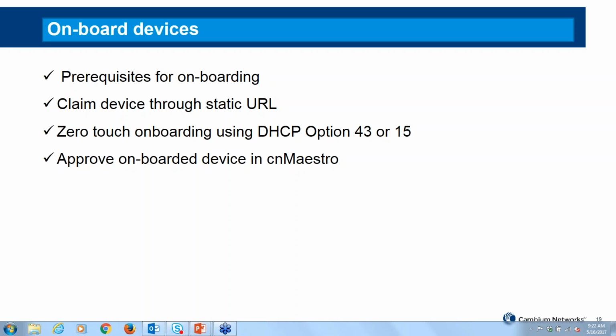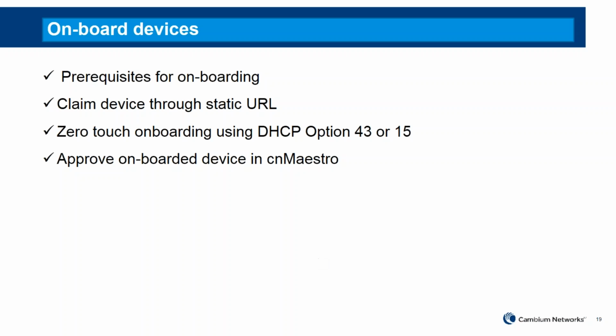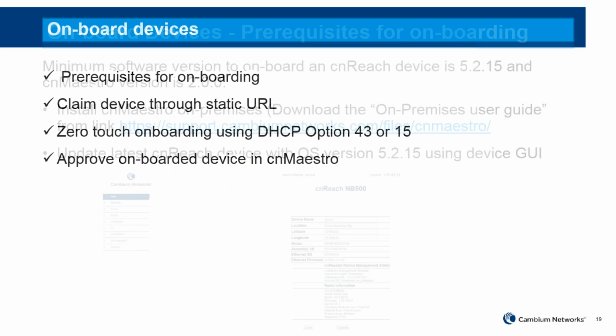Whenever a device acquires an IP, it has the capability to understand option 43 and 15, get the IP address, and connect to cnMaestro. Once it is connected to cnMaestro, you can approve the onboarded devices.